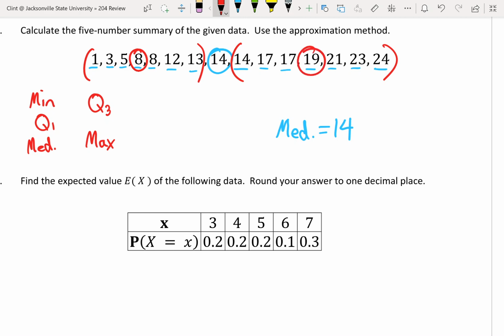Find the median of the upper half. Q3, that's 19. And then the minimum's 1, maximum's 24. So our 5-number summary, you don't have to label each one. That's not a big deal. We just need the 5 numbers. So 1, 8, 14, 19, 24.